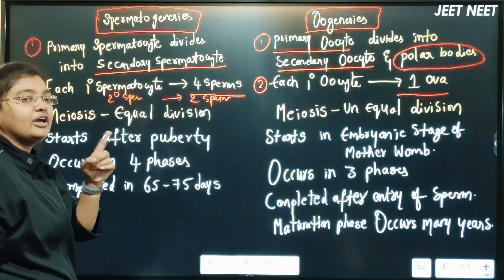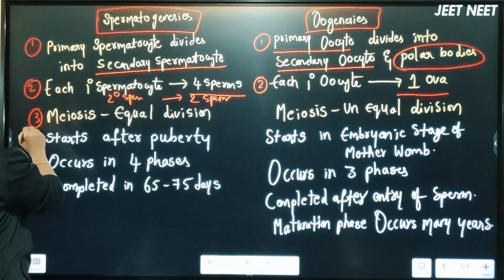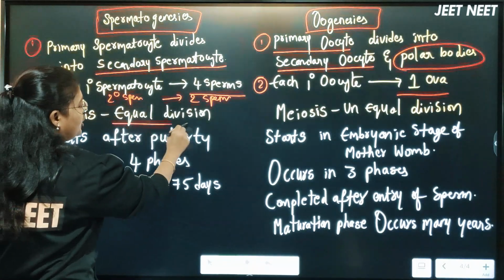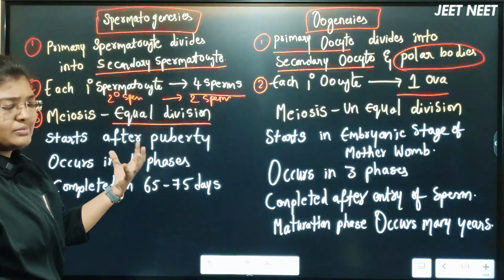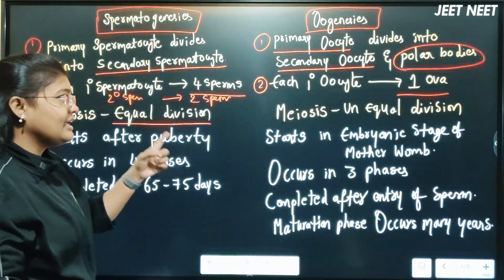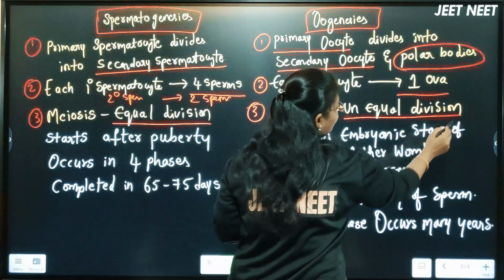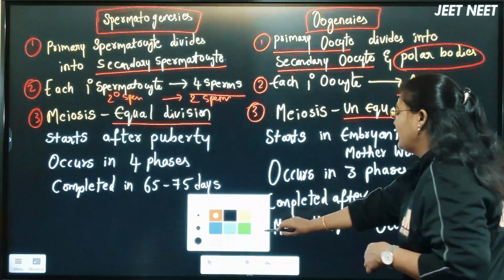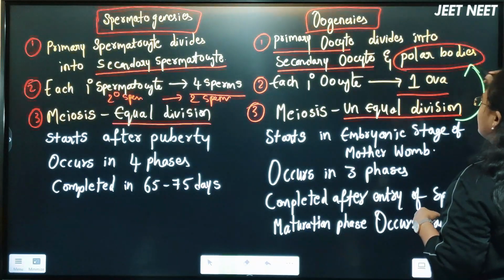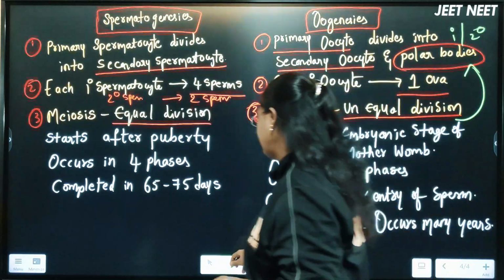Sorry, how many ova here? Only 1 ova. Third difference, meiosis will have equal division in spermatogenesis to produce equal-sized cells. But in oogenesis, unequal division will happen. Because of this unequal division only, we are going to form these polar bodies here. Primary polar body, secondary polar body are going to be formed here.